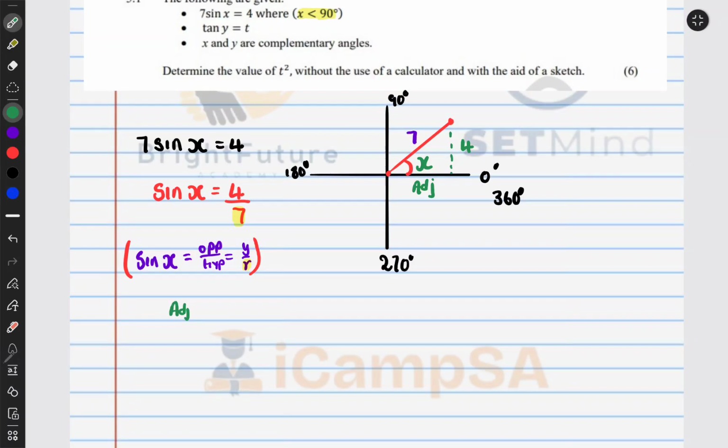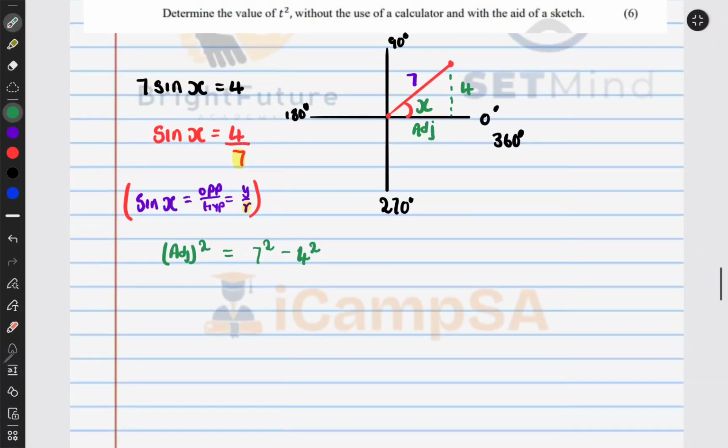So the adjacent side squared is equal to 7 squared minus 4 squared. What is 7 squared? 7 squared is 49, minus 16. That would give us the adjacent side. What is 49 minus 16?